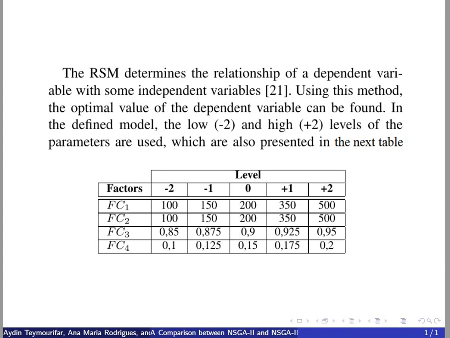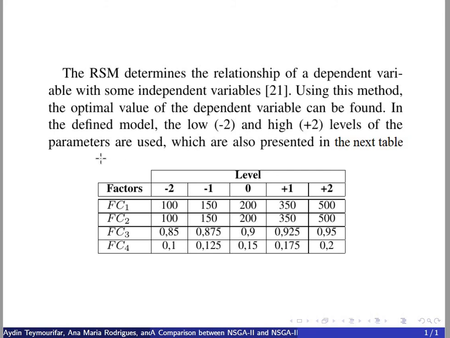The RSM method determines the relationship of a dependent variable with some independent variables. Using this method, the optimal value of the dependent variable can be found. In the defined model, the level low is defined as -2 and the level for high is defined as 2.